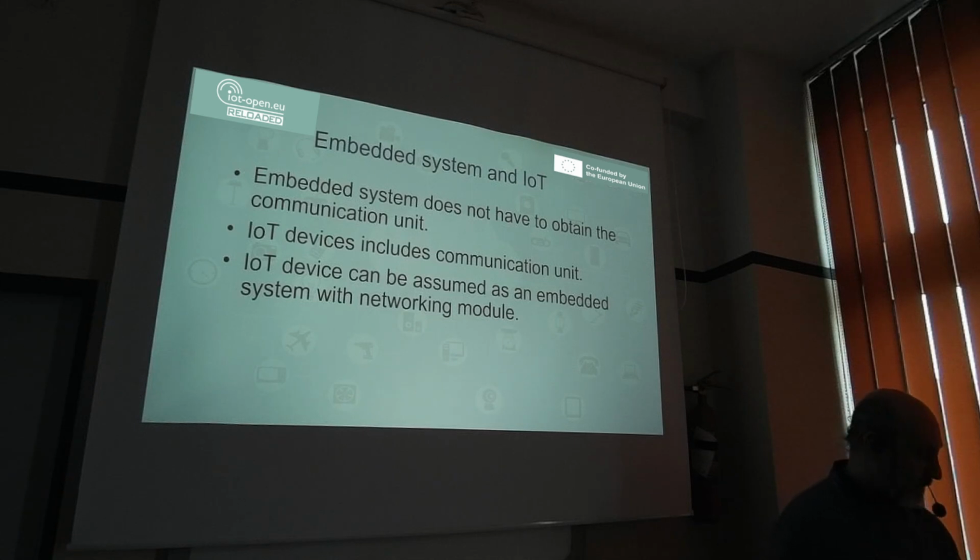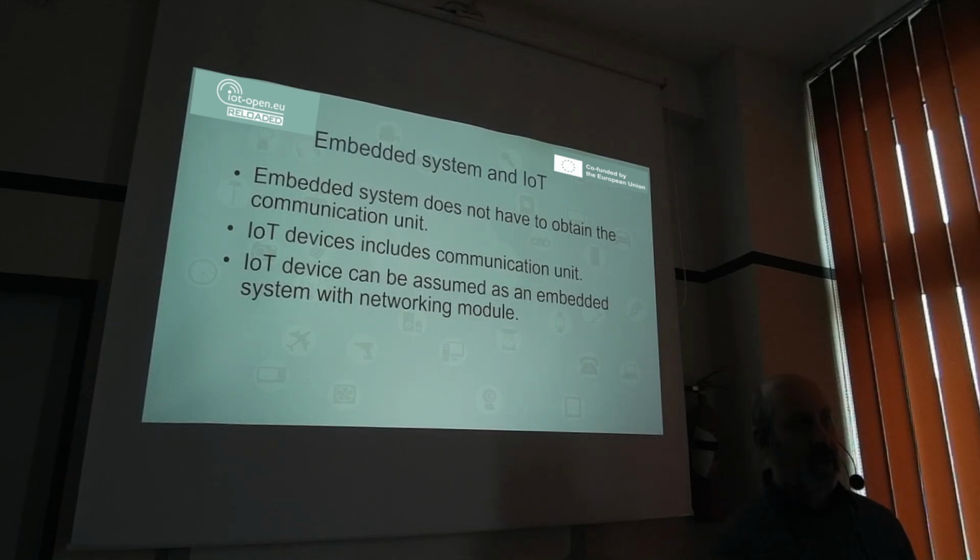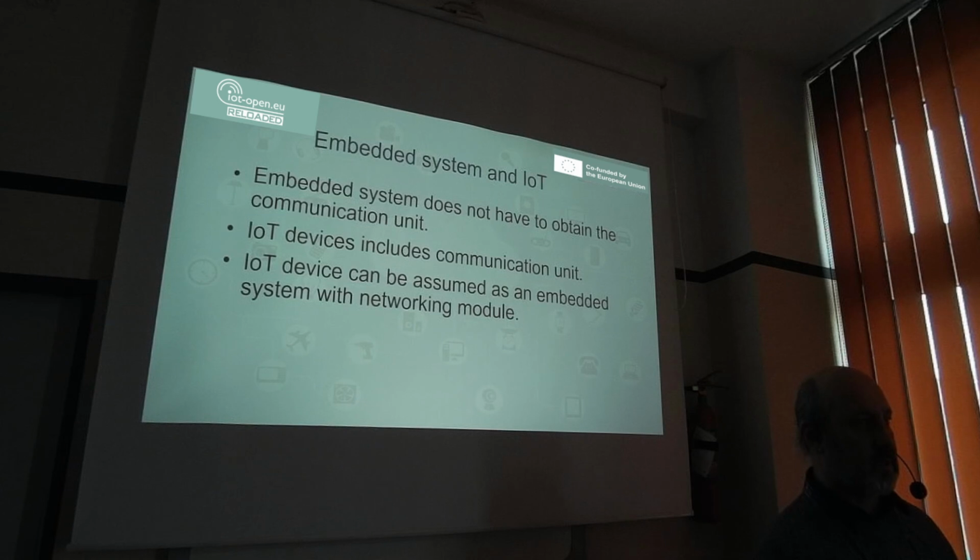As we said, an embedded system doesn't need the communication unit, while an IoT node must be equipped with some possibility to transmit data. It can be wired, it can be wireless, doesn't matter, but there must be data transmission. It can even be one-way data transmission.